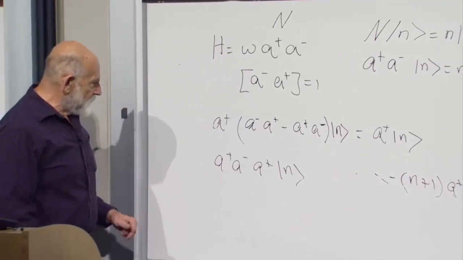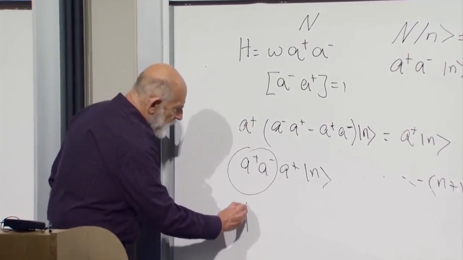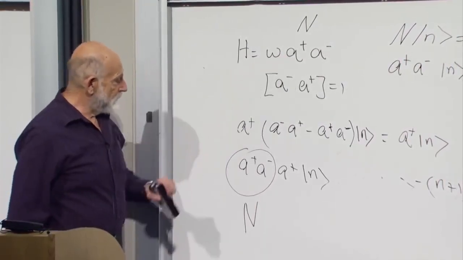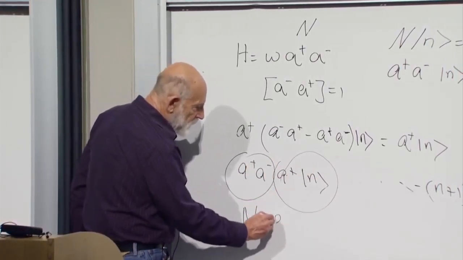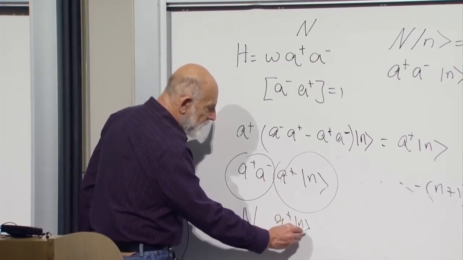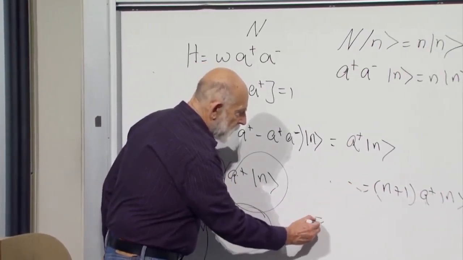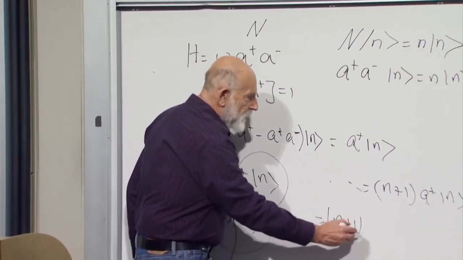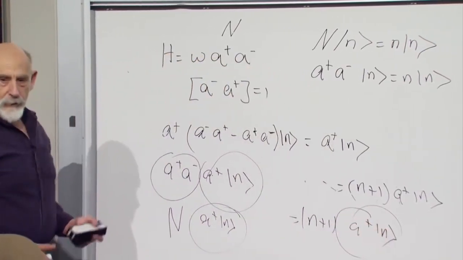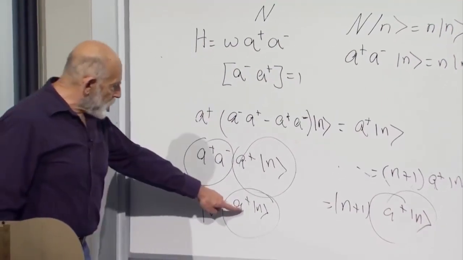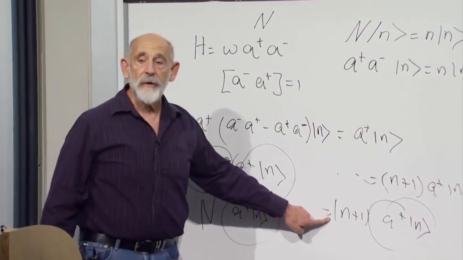But what about this one over here? A plus times A minus is the operator capital N. This is the state that I'm interested in. So N on this state, A plus on n, is equal to n plus 1 times that same state. So guess what I found? Pretty much what was expected, that the raising operator gives me a new eigenvector of capital N with an eigenvalue 1 unit up.